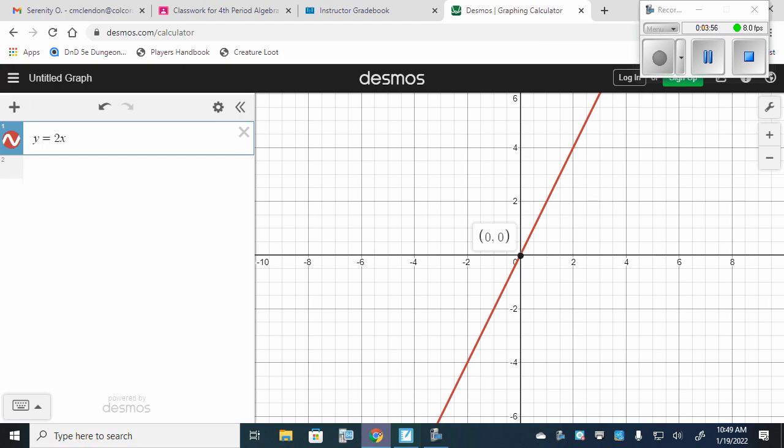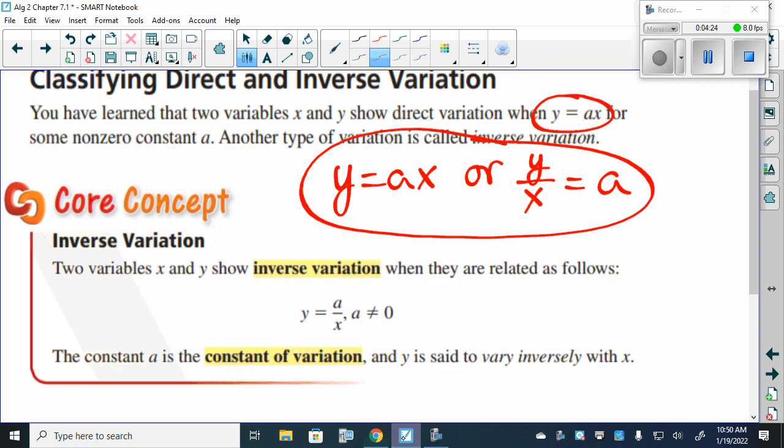And we can see that here, y divided by x equals 2, and it actually gives us the exact same equation. These here are going to be the exact same.